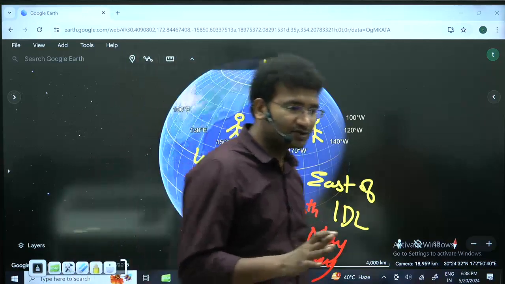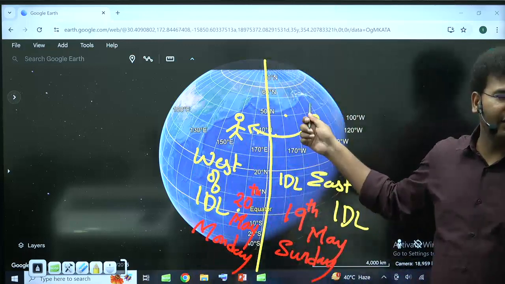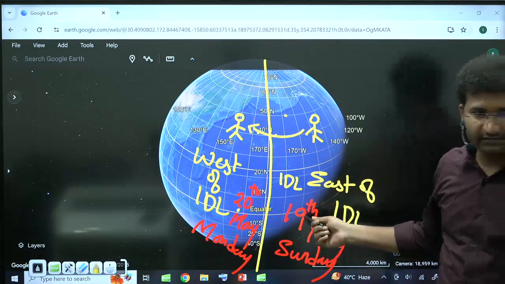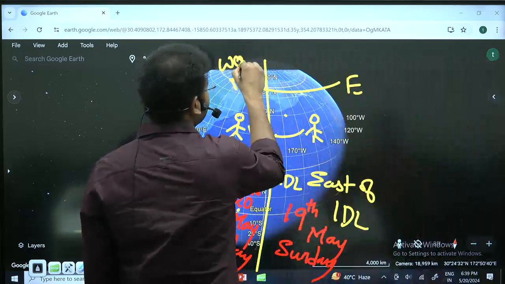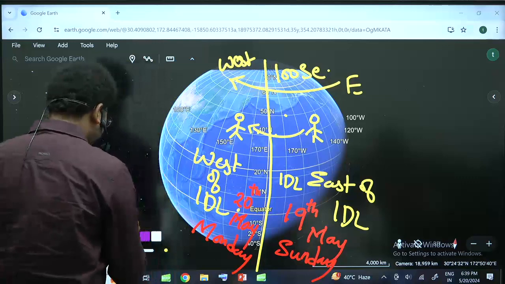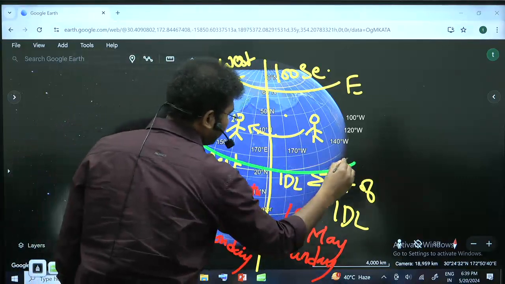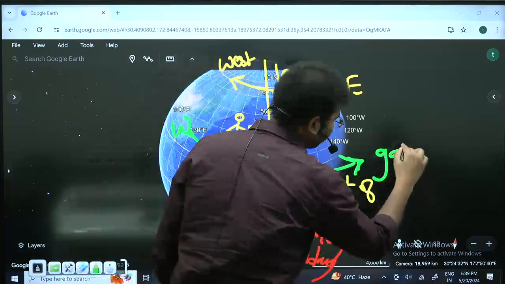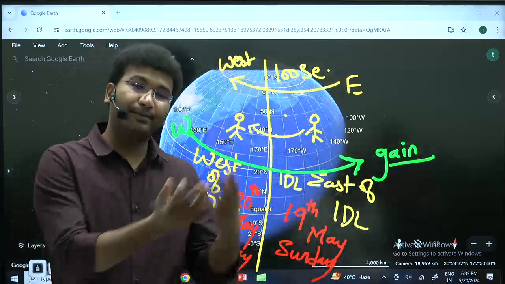So to confuse you, the examiner uses this small trick: if you are traveling from east of the international dateline to the west of the international dateline, you will actually lose. If you are going from east to west, you will lose. If you are moving from west to east, okay? West to east, you will gain. Gaining a day means you will actually gain the previous day.